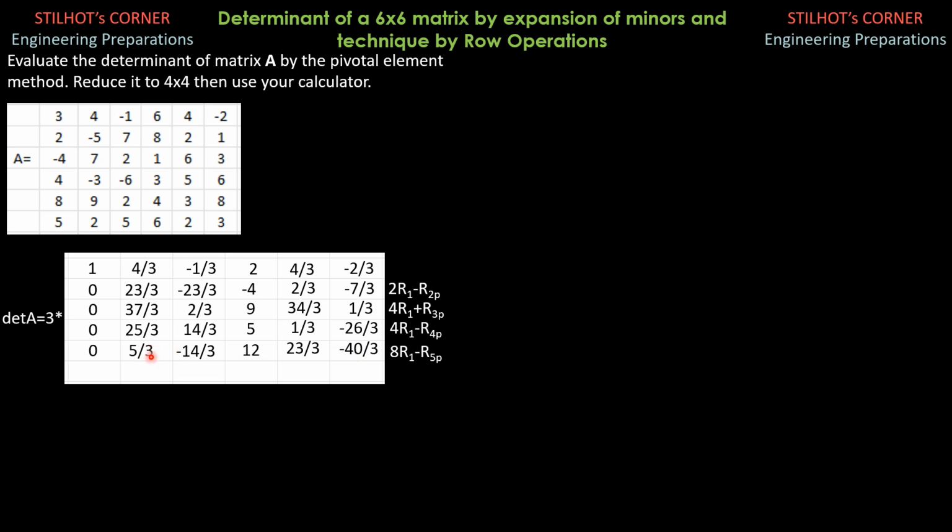So 8 times 4/3 is 32 over 3. 32 over 3 minus 9 is 32 minus 27 over 3, that is 5 over 3, so 5/3. That checks. Then 8 times 2 is 16. 16 minus 4 is 12.